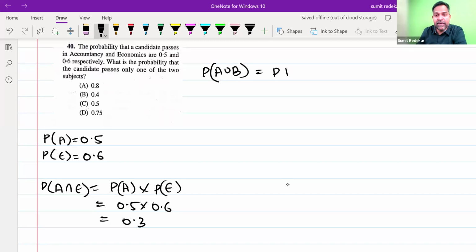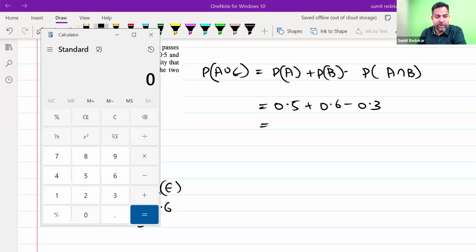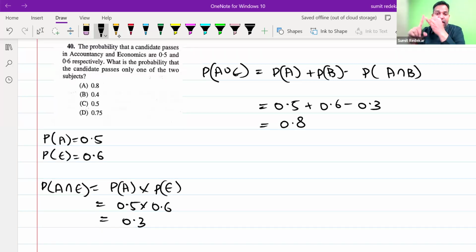Probability of A union E is probability of A plus probability of E minus the probability of A intersection E. That's 0.5 plus 0.6 minus 0.3, and the answer is 0.8. I have A, I have B, I have the union, I have the intersection. What do you want? What is the probability that the candidate passes in only one subject?